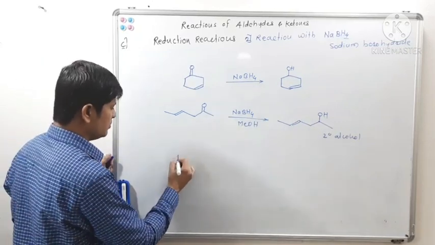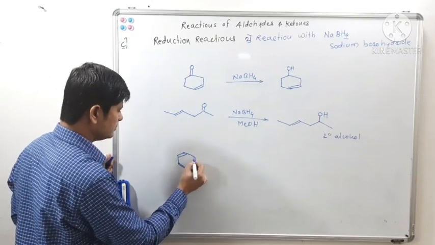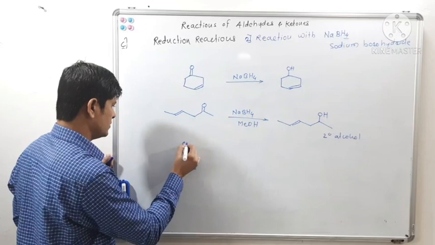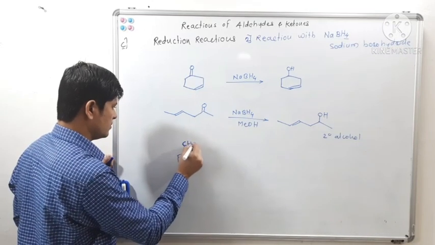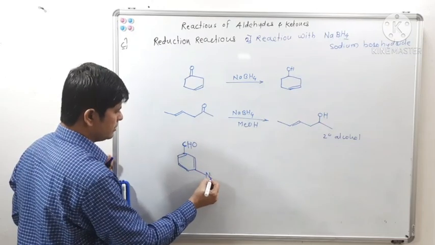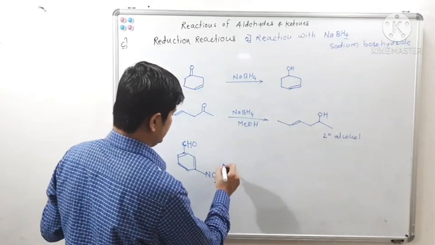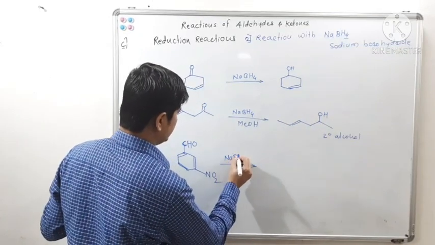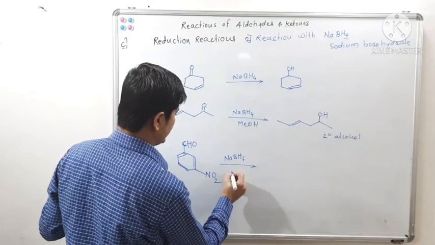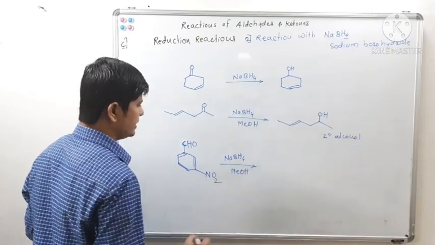For example, suppose we take nitrobenzaldehyde, and we have reacted it with sodium borohydride in methanol solvent. What product will you get here?